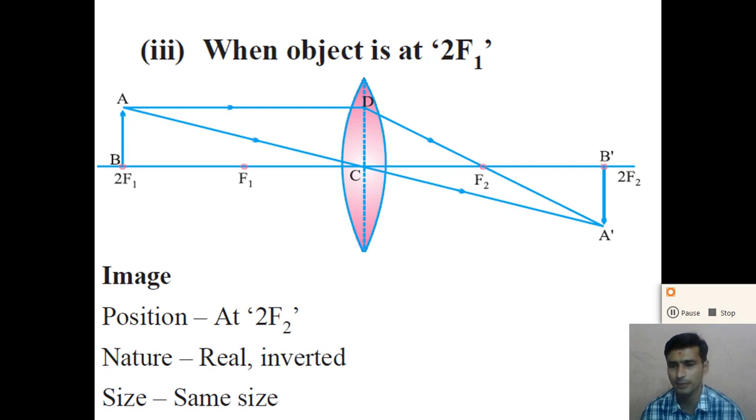As per the previous rules, we consider a first ray which is parallel to the principal axis. After refraction, it will pass through the second principal focus.